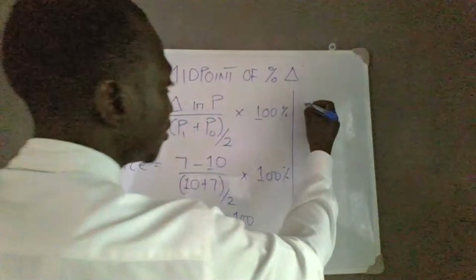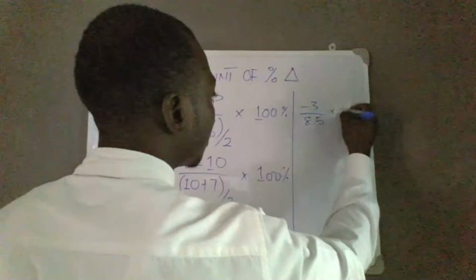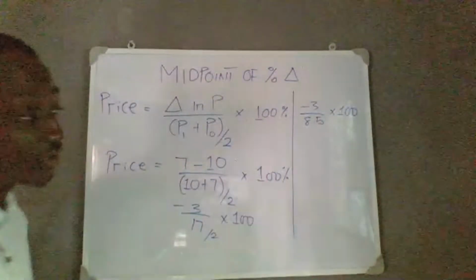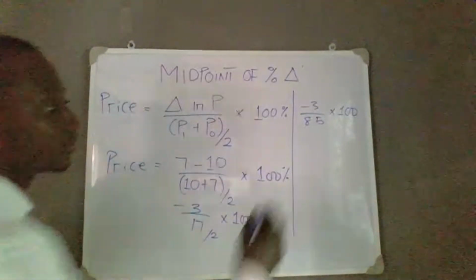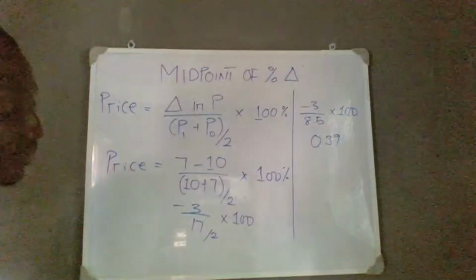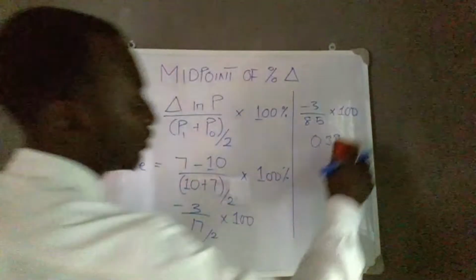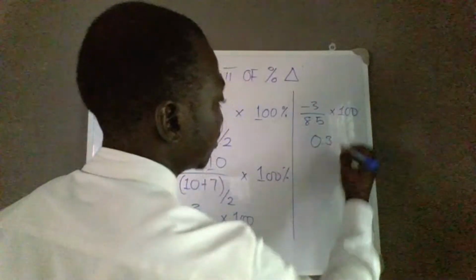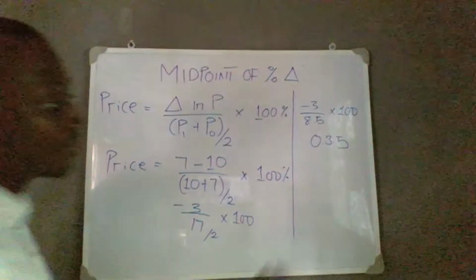So we have minus 3 over 8.5 multiplied by 100. And by the time you do that, we have 0.39. Okay, no, I think 0.5, it's just 0.5, multiplied now by 100.